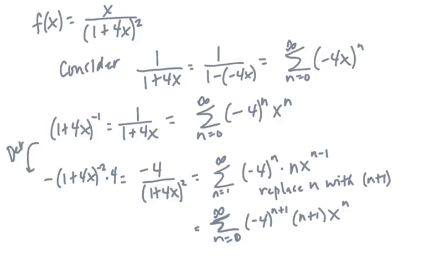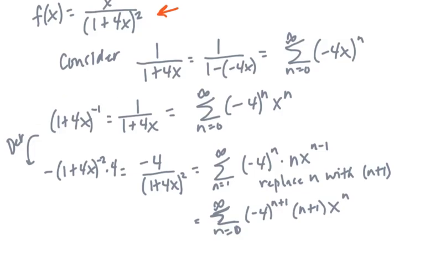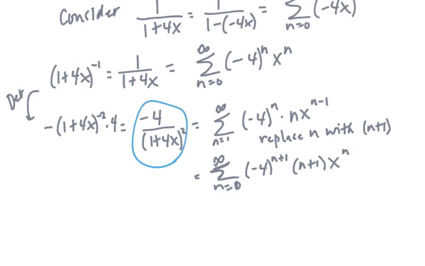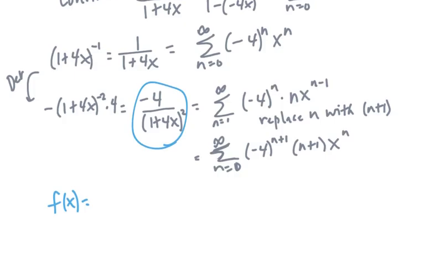So now let's go back to the problem. It says f of x equals x over (1 + 4x) quantity squared. We're kind of close to that here. So this equals what we have, which is negative 4 times (1 + 4x) quantity squared.